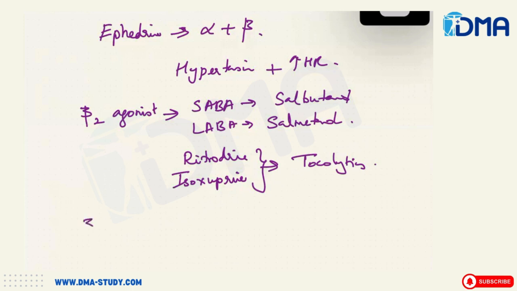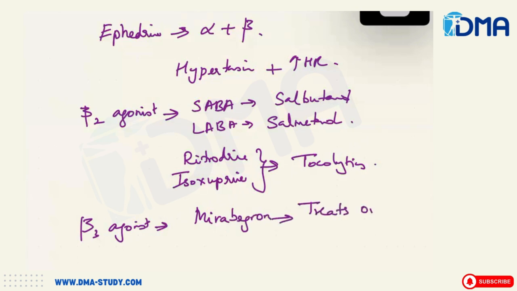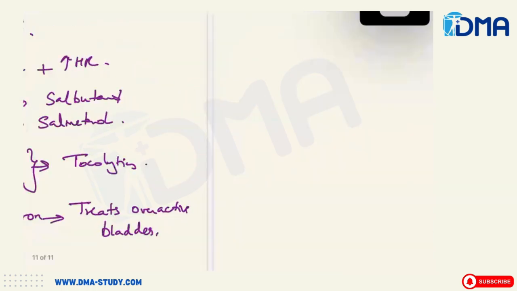Then beta 3 agonist, mirabegron. It is used in the treatment of overactive bladder. Then coming to the D1 receptors, dopamine receptors.